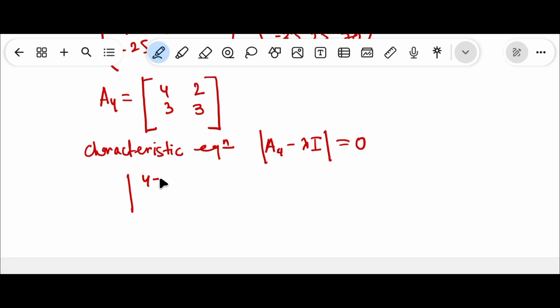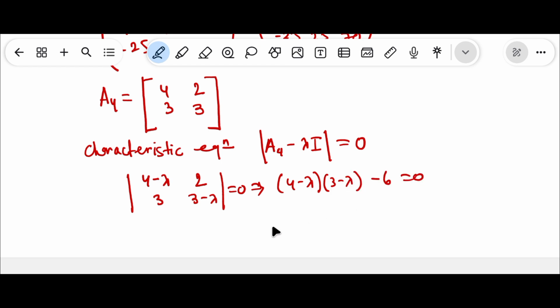That is 4 minus lambda 2 3 3 minus lambda, equals 0. That gives 4 minus lambda into 3 minus lambda minus 6 equals 0. That is 12 minus 7 lambda plus lambda square minus 6 equals 0, which gives lambda square minus 7 lambda plus 6 equals 0.